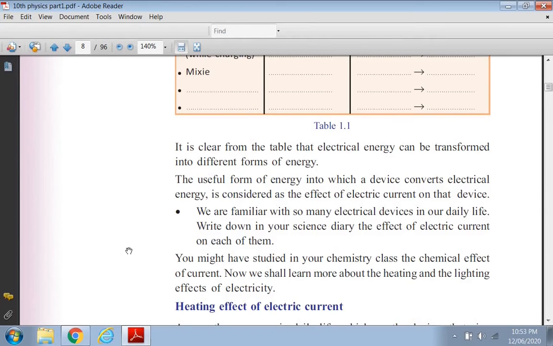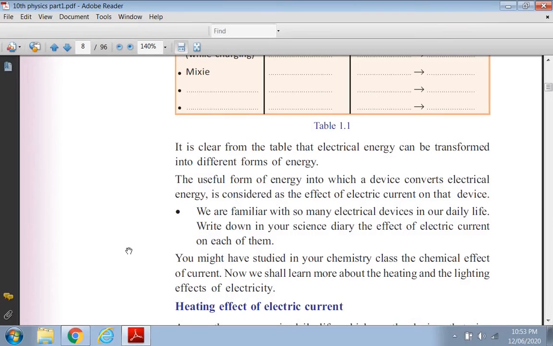You understand what is the effect of electric current? We noted so many effects of electric current: light effect, mechanical effect, heat effect, etc.